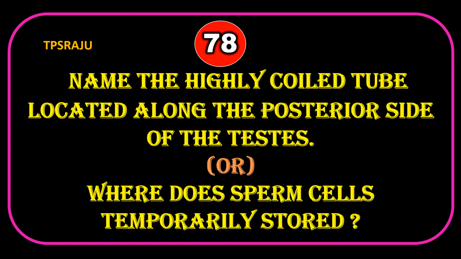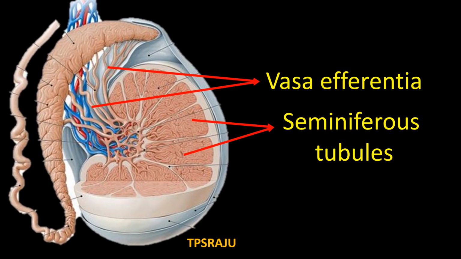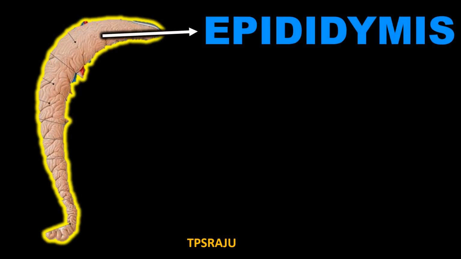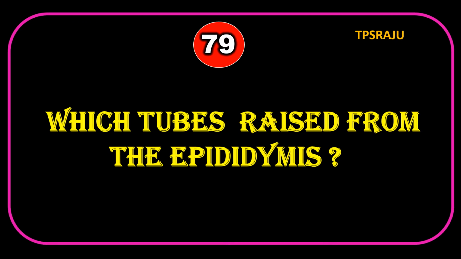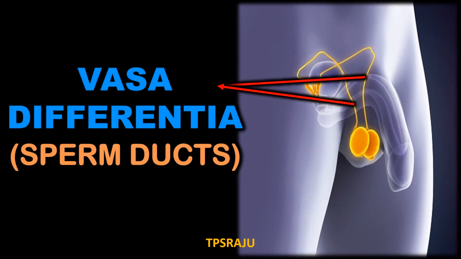Name the highly coiled tube located along the posterior side of the testis, where the sperm cells temporarily store. Epididymis. Which tubes arise from the epididymis? Vasa deferentia or sperm ducts.